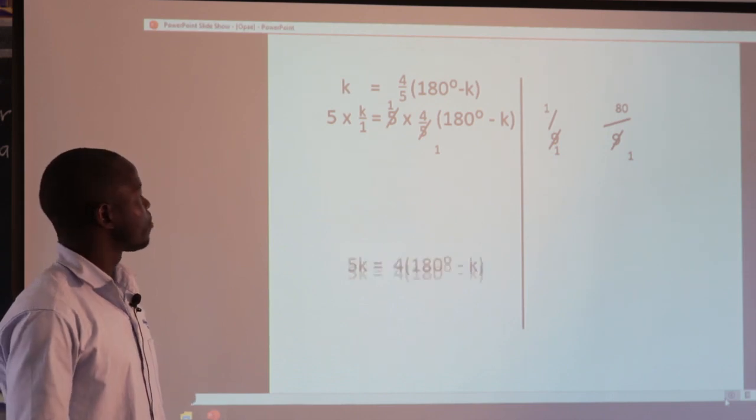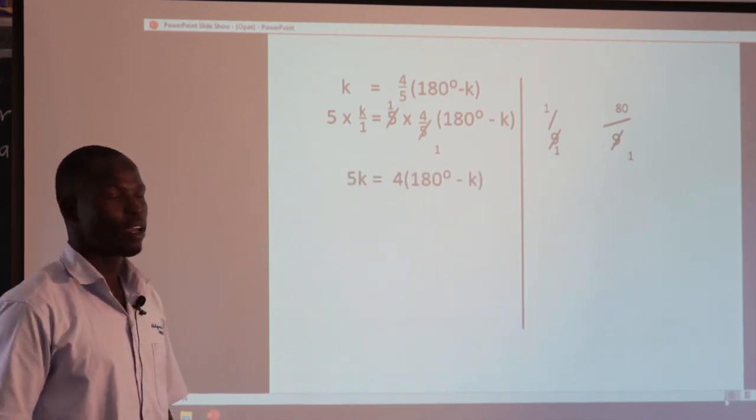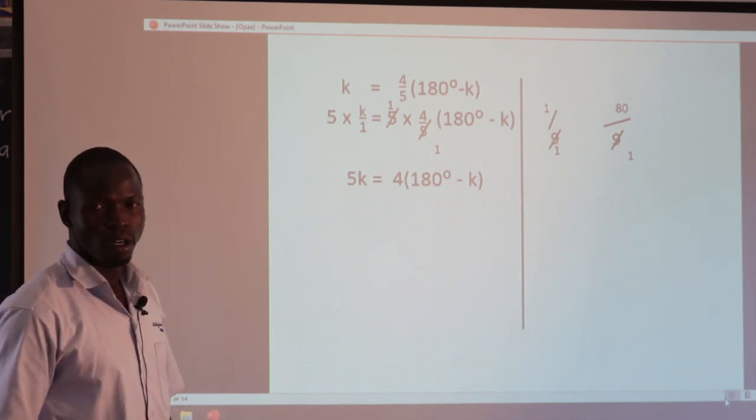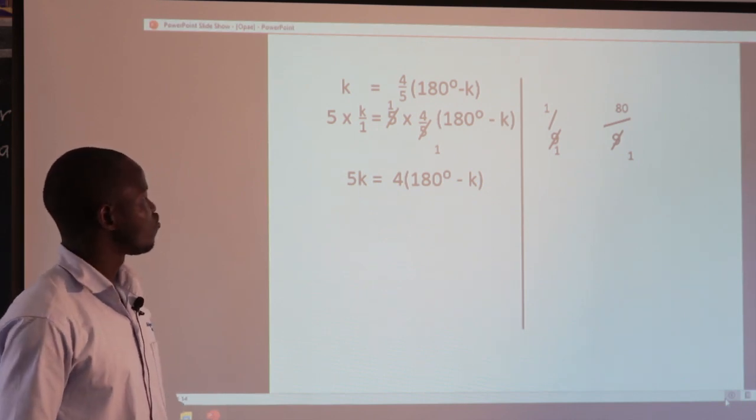So in the next step, we multiply 5 times K, which gives you 5K, is equal to 1 times 4 is 4, into our brackets 180 degrees minus K.